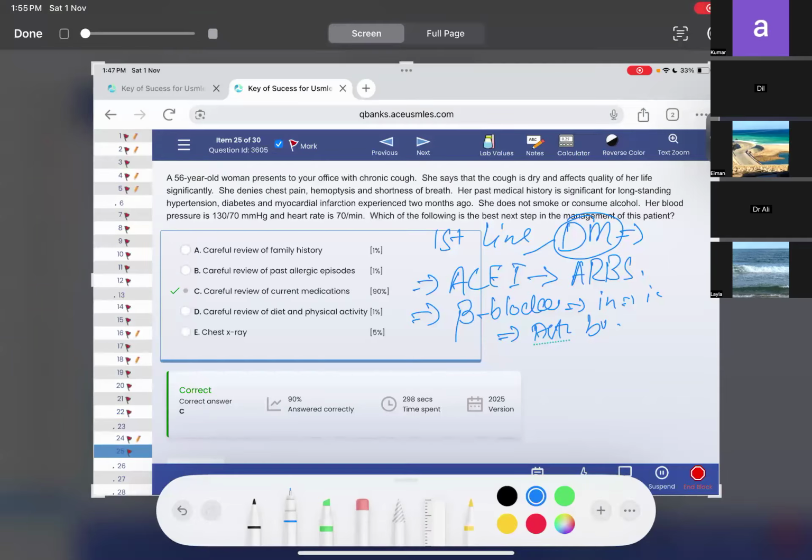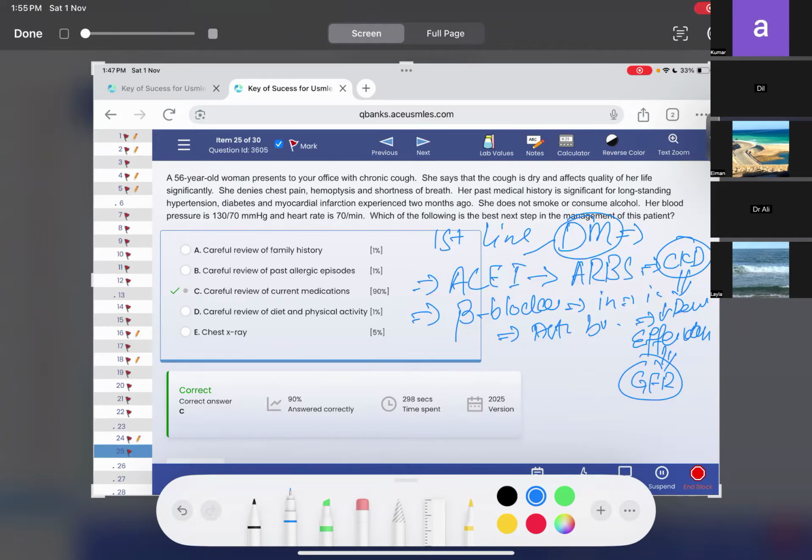These are some of the conditions in which we use or avoid beta blockers. ACE inhibitors and ARBs are usually used in CKD patients because they cause efferent arteriolar vasodilation, decrease intraglomerular pressure and thereby have a renoprotective effect.